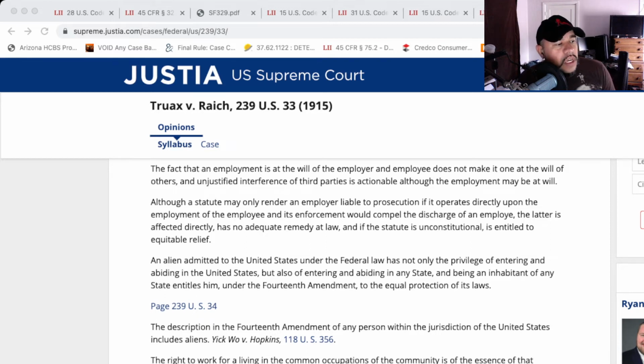So therefore, without illegal interference or compulsion or by the weight of authority, the unjust interference of third persons is actionable, although the employment is at will. In other words, actionable, which means there may or may not be an action. It is actionable, which is possible, but it's not required.